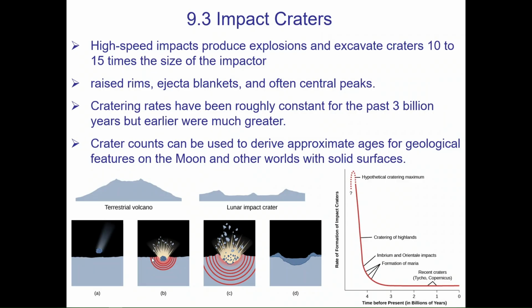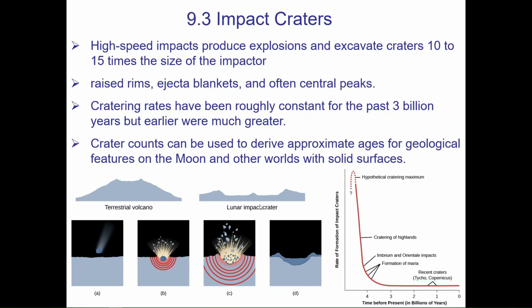When you look at the steps of cratering, there's also a step where an explosion happens due to the high-speed impact. Therefore, a typical crater created by an impact will be 10 to 15 times the size of the impactor.